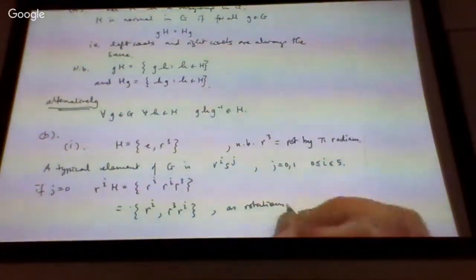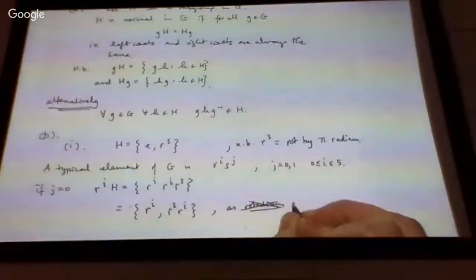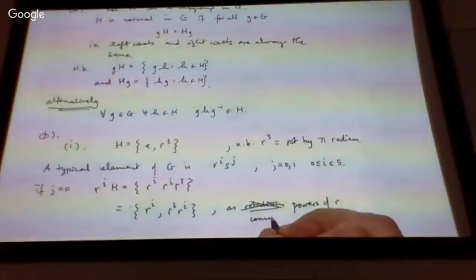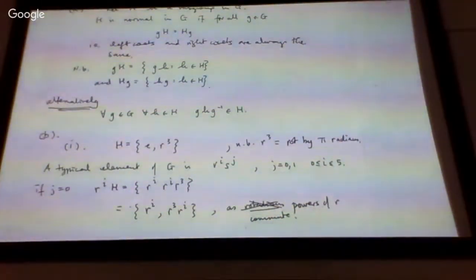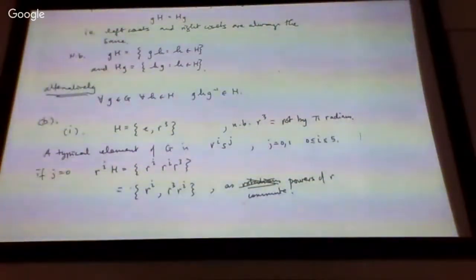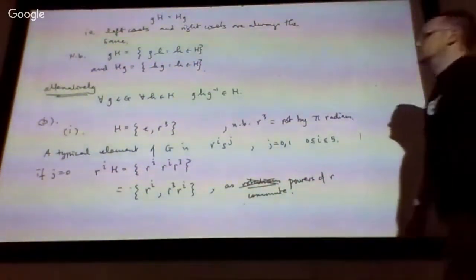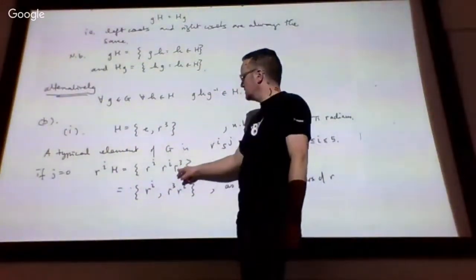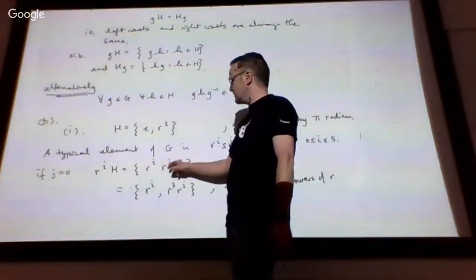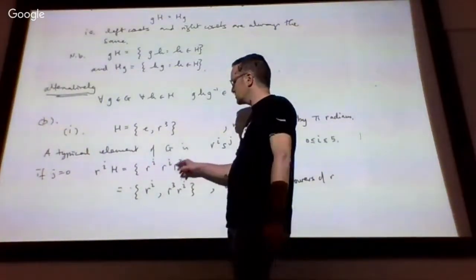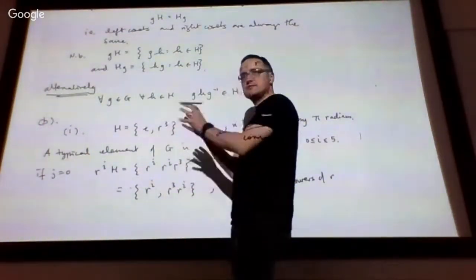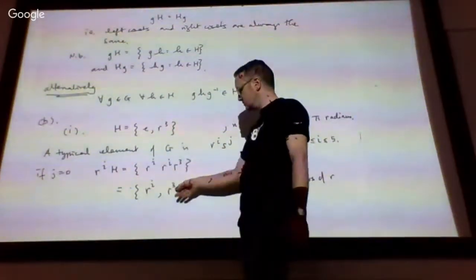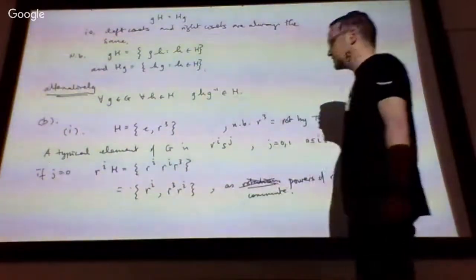Not even rotations, it's just powers of R. Powers of R commute. I guess it's really an example of using the associativity principle. Here you have a load of R's multiplied by a load of R's, but you're thinking of this as a product of i R's, then multiplied by 3 R's. Well, you just move the brackets around. In total, you have i plus 3 R's there. You're just organizing that list in a slightly different way.